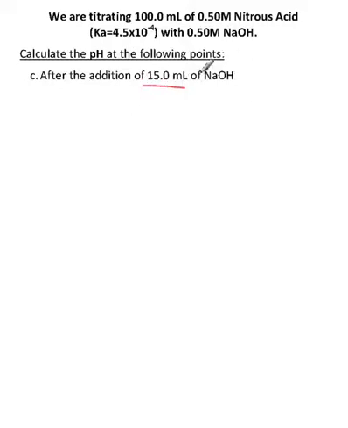Well, at this point, the reaction that's going on is a little bit different. We've got OH- ions combining with our acid, HNO2. And again, that OH- is such a strong base that it's going to react with any of these that are around.